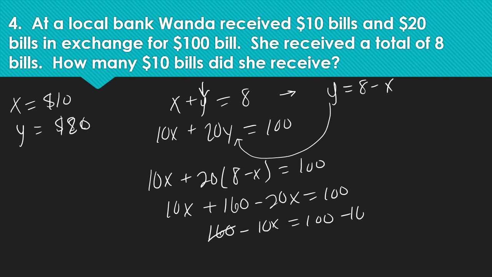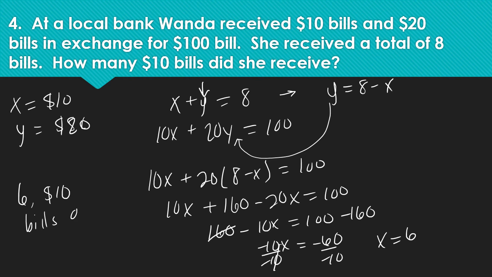Subtract 160. That gives me negative 10x equals negative 60. Divide by negative 10. And that gives me x equals 6. So, answer the question. There were 6 $10 bills given. Bam.